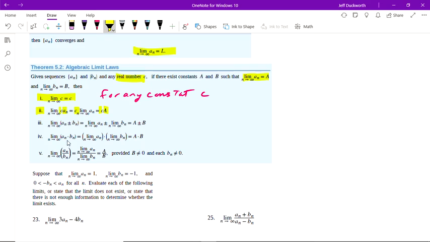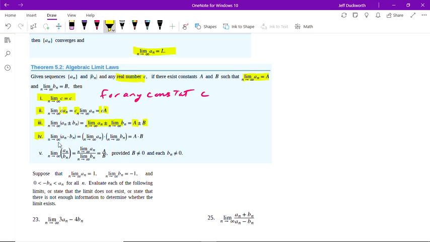The sum and difference ones, same thing. You can break them up into the sum or difference of limits. The sum of the limits is the limit of the sums, just as it was back in Calculus 1. So if you add or subtract the limits of an and bn, you're going to get a plus or minus b, depending upon if you're adding or subtracting. Similarly, number 4, the limit of the products is the product of the limits.